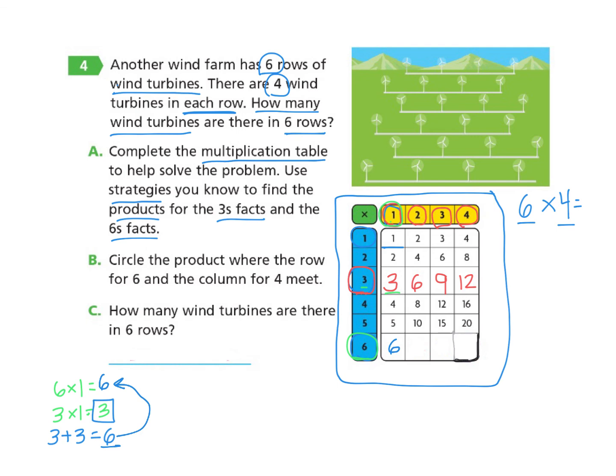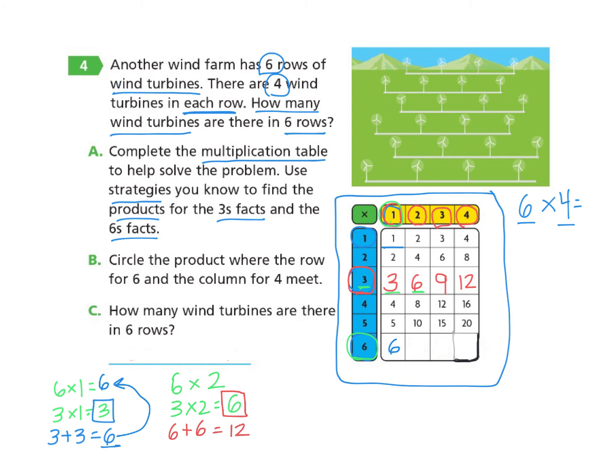Let's look at the next one. The next one is 6 times 2. And so we know that 3 times 2 equals 6. So we're going to take that product, 6, and we're going to double it. We're going to add it together with itself. 6 plus 6, and that makes 12.